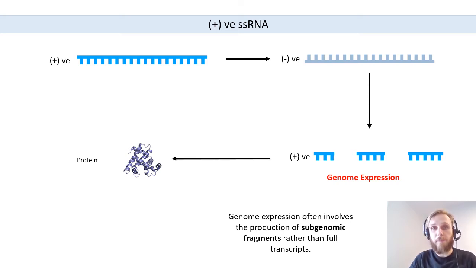However, for some, the positive sense strand produced from the negative sense strand, at this later stage of the process, is actually produced as subgenomic fragments. So it is produced in portions, and these portions are then translated into protein.